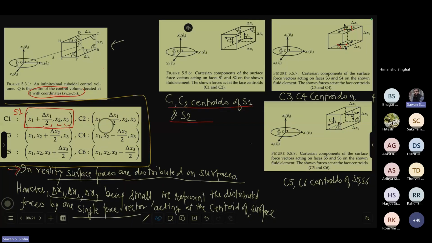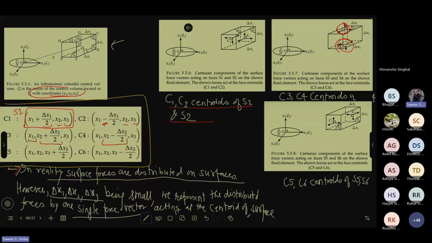This becomes minus, x2, x3 remain the same. You go to C3: x1, then x2 plus delta x2 by 2, x3. You are going to the top here. C4, you go to the bottom side here. That's why you have x2 minus delta x2 by 2.